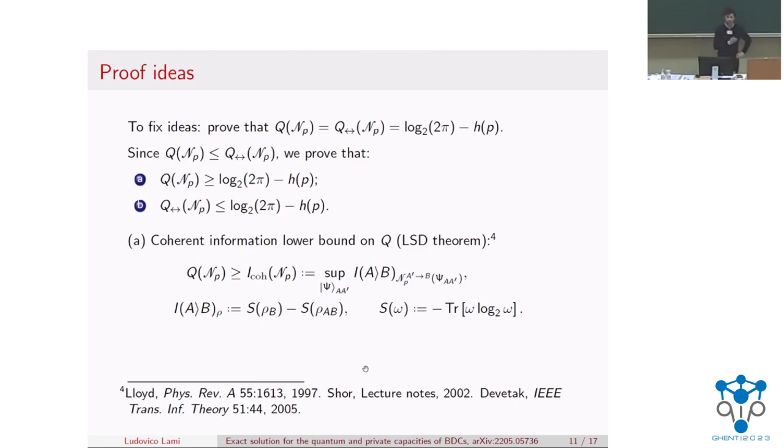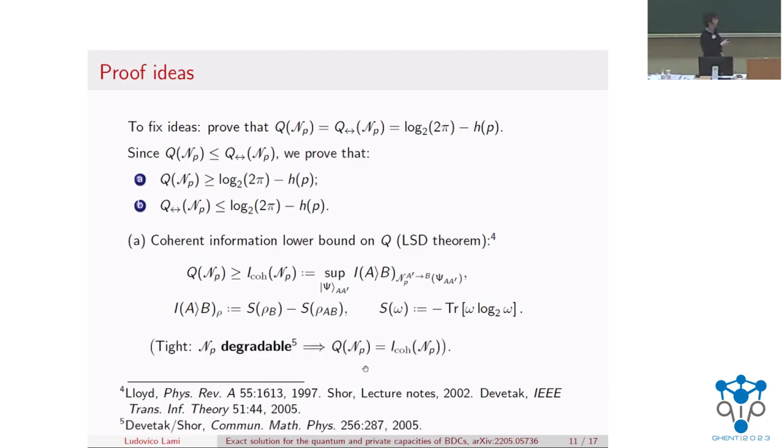If you don't know what regularization means, it doesn't matter, because this special channel is known to be degradable. That means that this formula that I'm writing on the right is exactly the quantum capacity. So it's a single-letter formula for the quantum capacity, and we could be happy, but of course things are not that simple, because here there is an optimization over infinite dimensional states, so we still don't know the answer at this stage. But at least there's a single-letter formula.